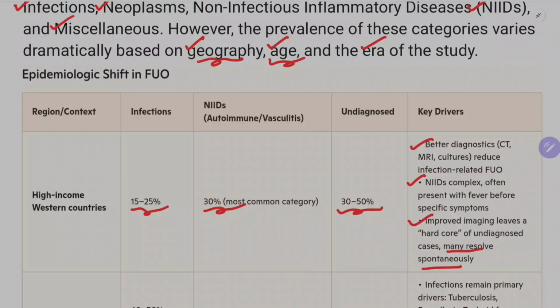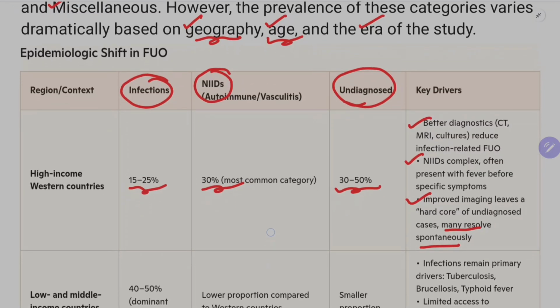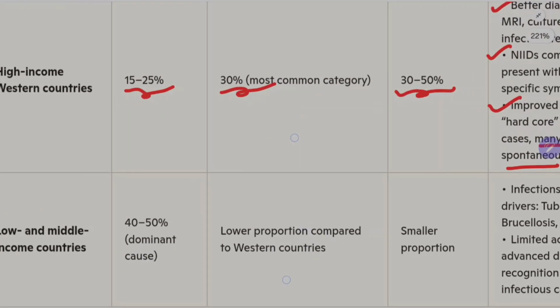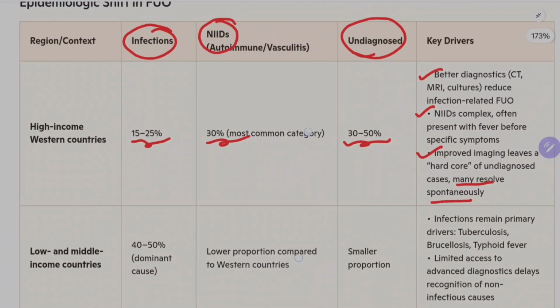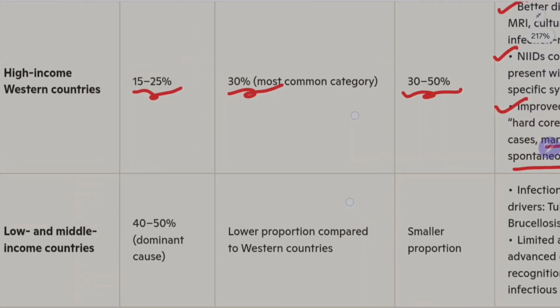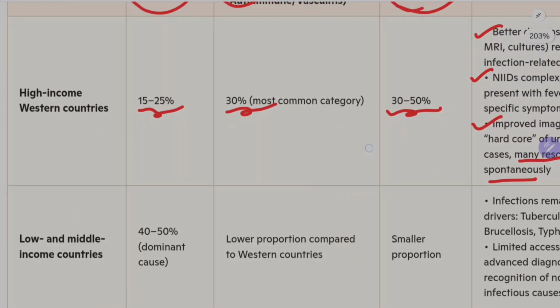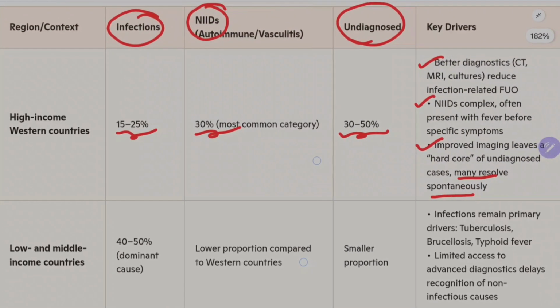So in high income Western countries, these are more prevalent than infections, and the greatest prevalence is in the undiagnosed cause. Why? Because they have improved diagnostics. They have no limitations in the investigations, whereas in developing countries like India, you have limitations to access for investigations.